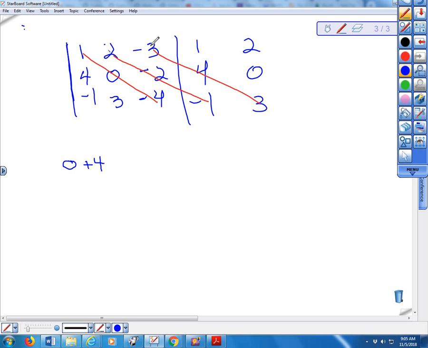And negative 3 times 4 is negative 12, times 3, negative 36. Then you're going to subtract.